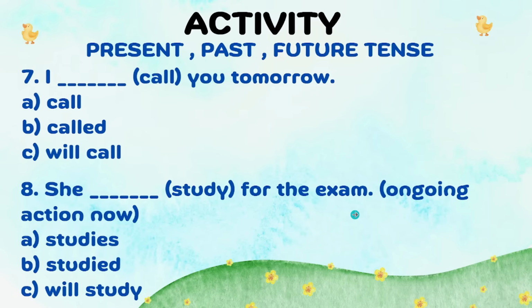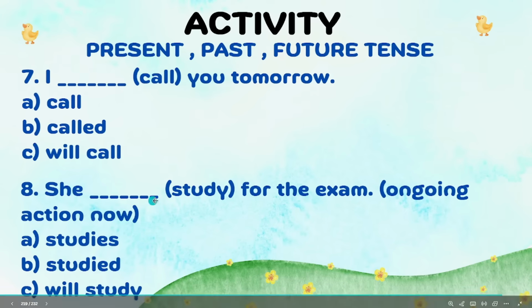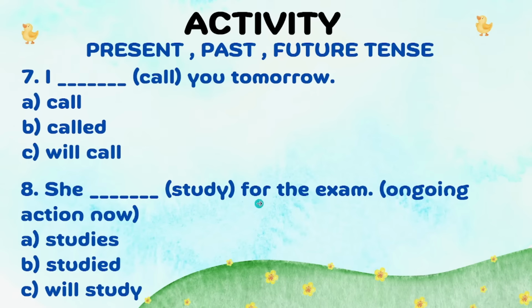Okay, it's presently now. Okay, so she, what? What is the correct answer? A, B, or C? So, it should be, she studies for the exam. Okay? That's for number 8.